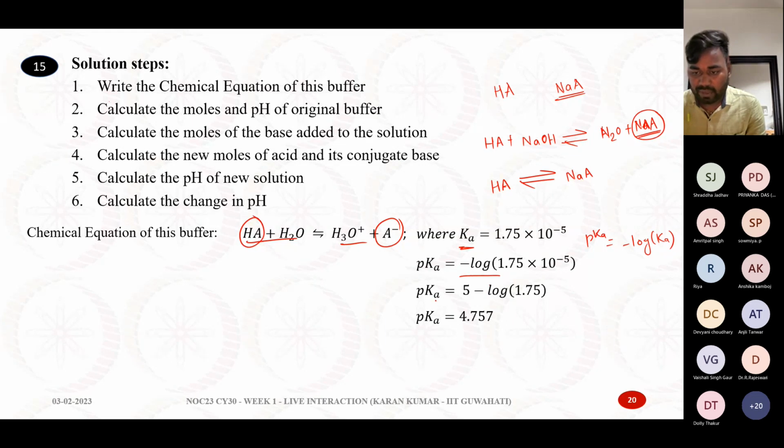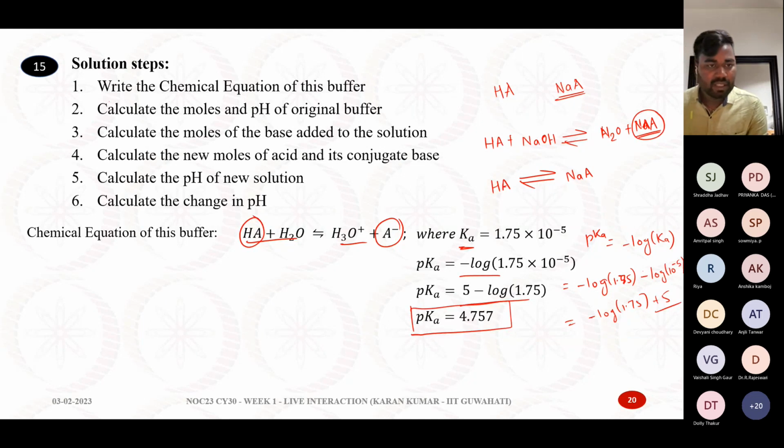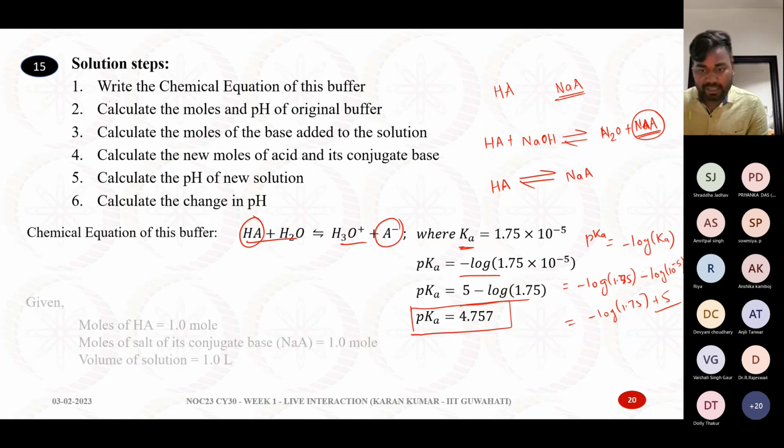If you solve it, it becomes minus log of 1.75 and minus log of 10 raised to minus 5, which gives 5 minus log of 1.75, and then you will get pKa as 4.757, right?